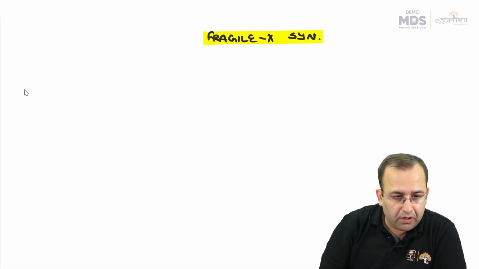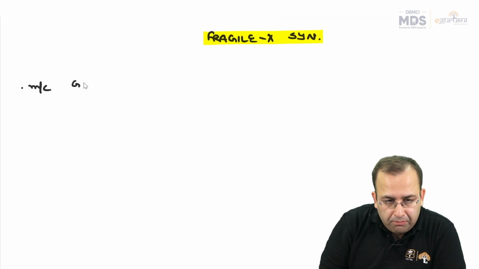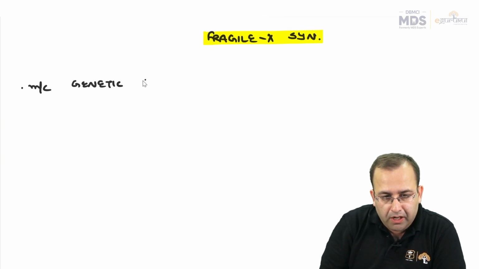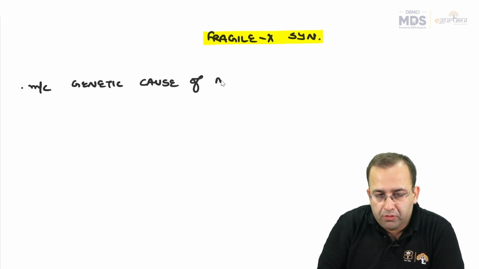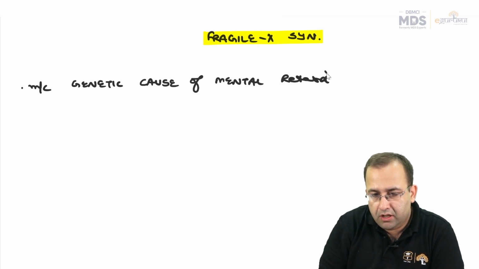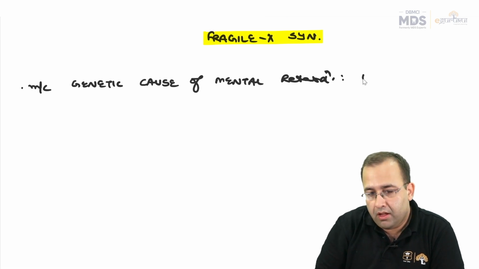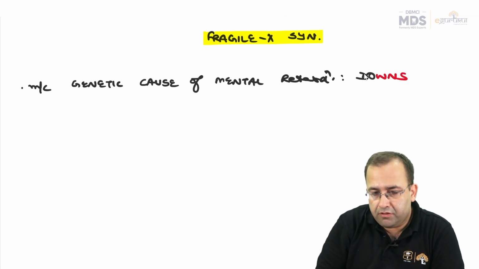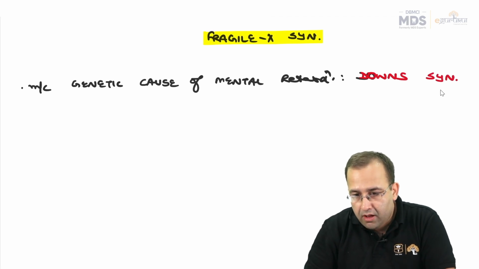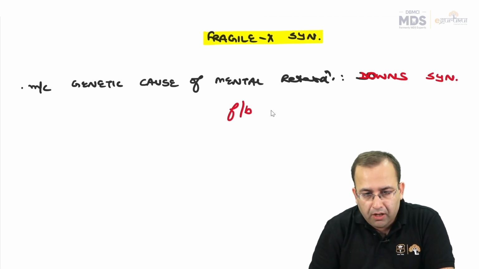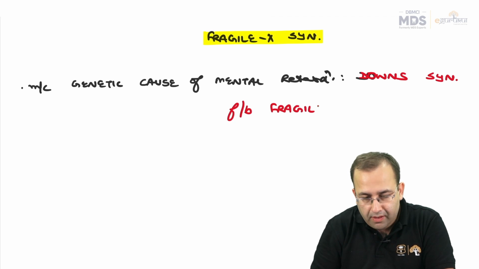First point. Which is the most common genetic cause of mental retardation? Answer, children, Down syndrome. Most common genetic cause of mental retardation is Down syndrome, followed by Fragile X syndrome.